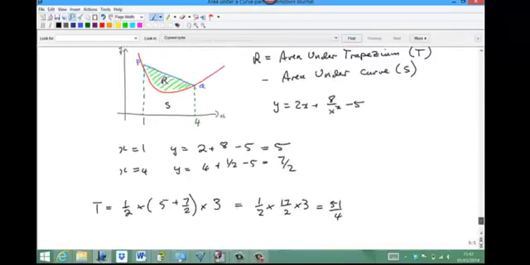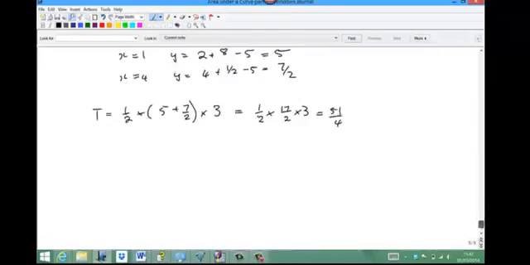S is the area under the curve, and that's the integral of y dx between 1 and 4. So S is the integral between 1 and 4 of 2x plus 8 over x squared minus 5 dx.